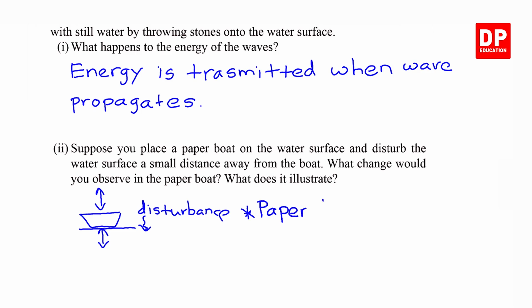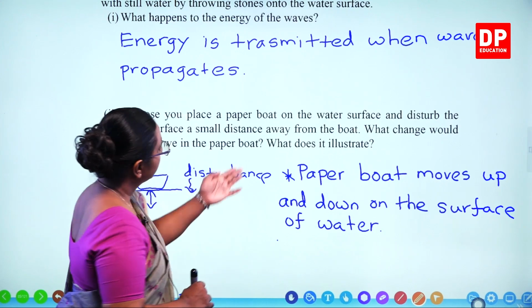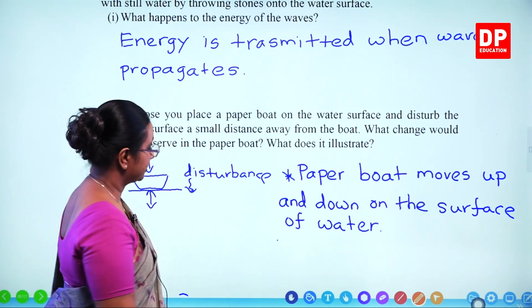The paper boat moves up and down on the surface of water. Right. So, what does it illustrate?